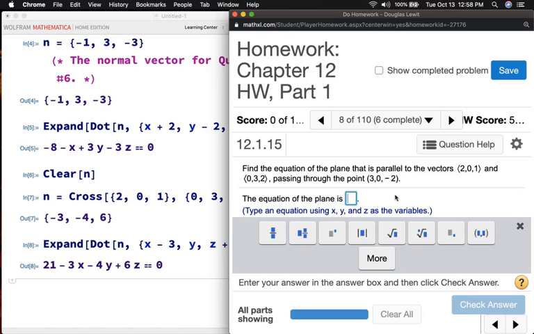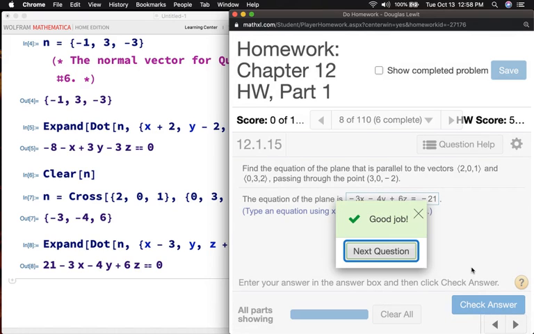I'm just moving the positive 21 to the right side of the equal sign, where it's going to change to a negative 21. But I have a feeling Pearson wasn't going to like this.